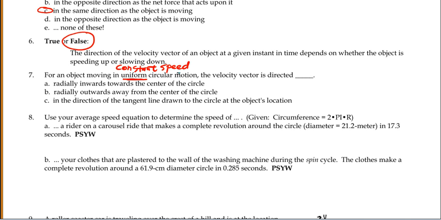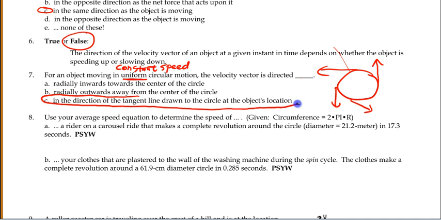Now the velocity vector will always be directed, as we go round and round the circle, here, or here, or here, or here. It's always touching the circle at one point, so it's always tangent, in the direction of the tangent line drawn to the circle at the object's current location.